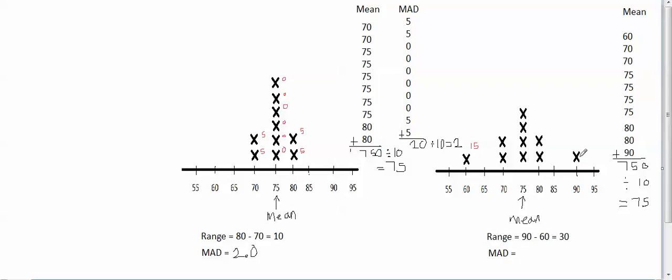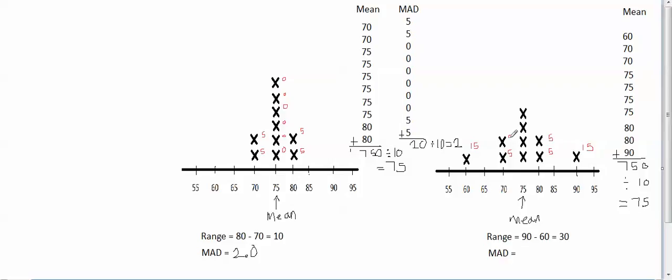This person who got a 90 is 15 above the mean of 75. So this person has a distance of 15. And these two people who got 80s are 5 from the mean, just like these two 80s were. So 5 and 5. These two 70s are 5 below the mean, so they're 5s.